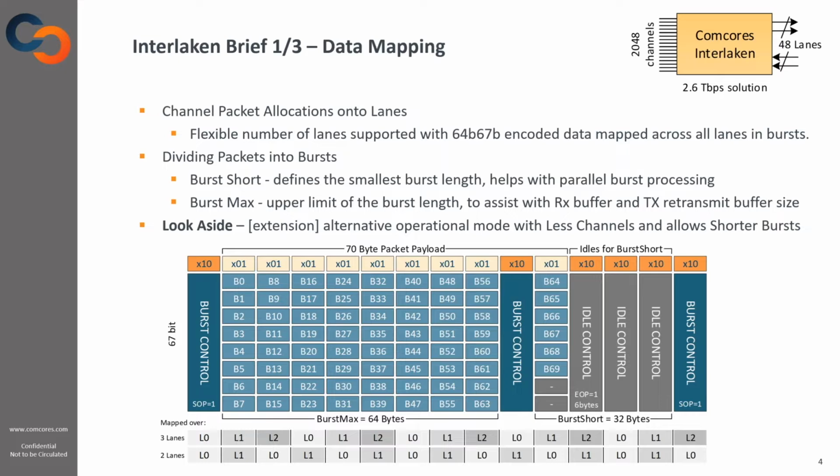So you control what is the smallest size of the burst, and the burst max controls what is the largest size of the burst, and this helps with retransmit buffer sizing or receiver buffer sizing, basically for processing this data. And we'll get to the diagram on the bottom in a second.